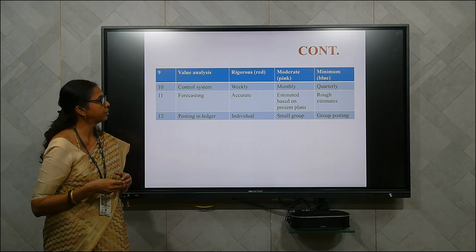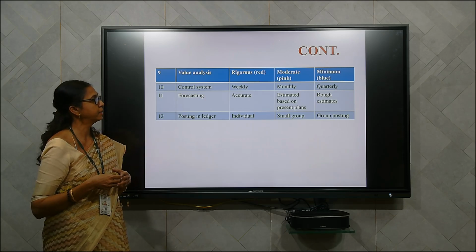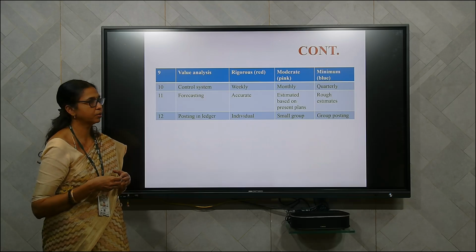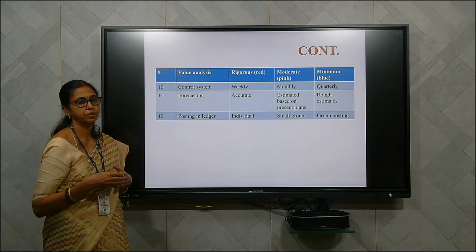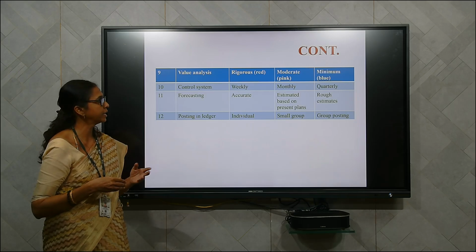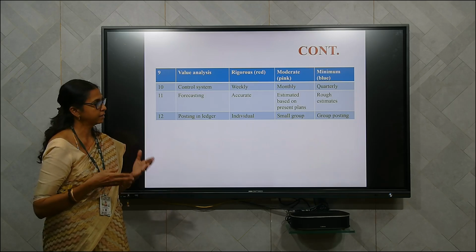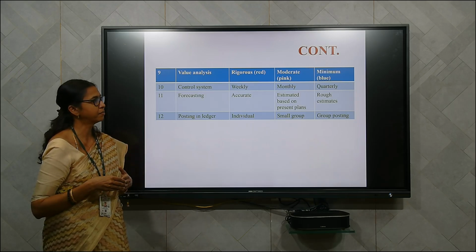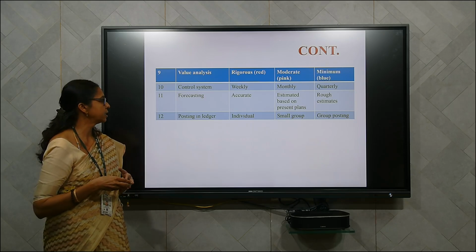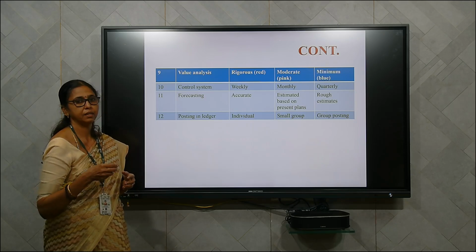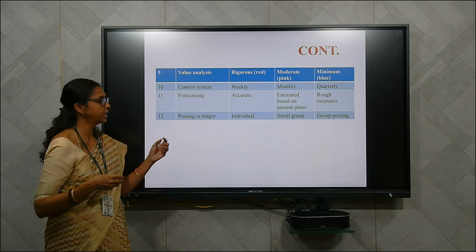For moderate B items, the estimate is based on the present plan. According to the present manufacturing plan, how many units we plan to produce, according to that we can forecast and keep stock of B items, and rough estimates are enough for C items. Posting in ledger: every A item has to be given an individual ledger.